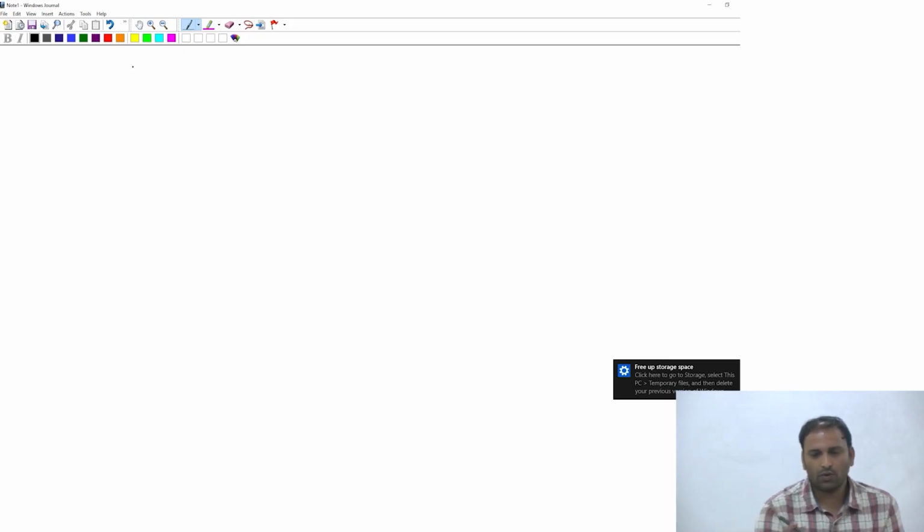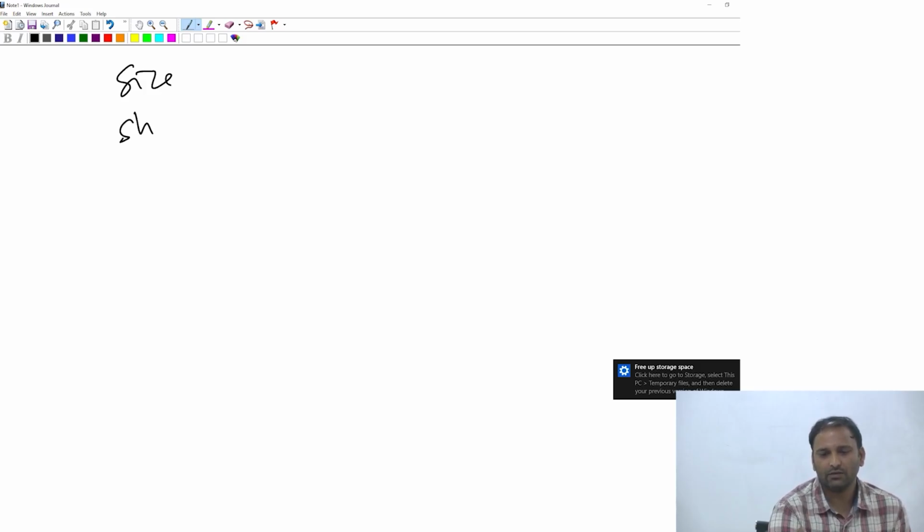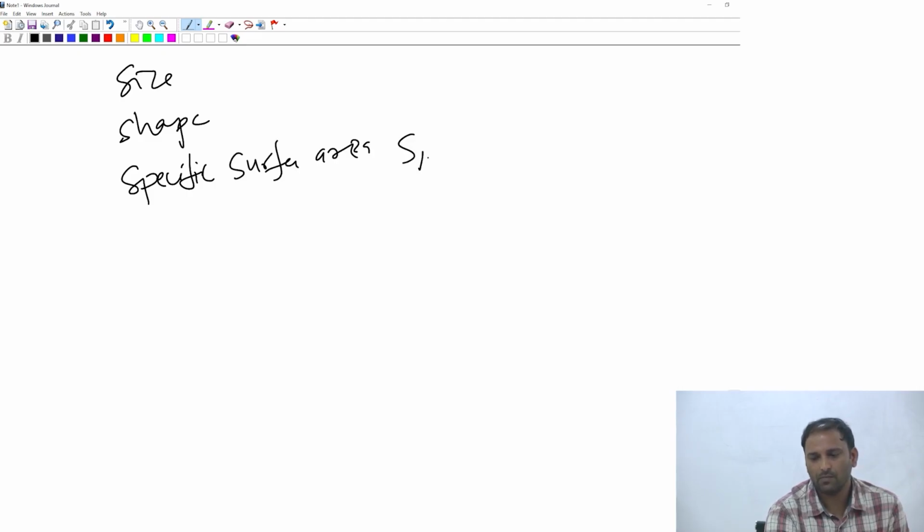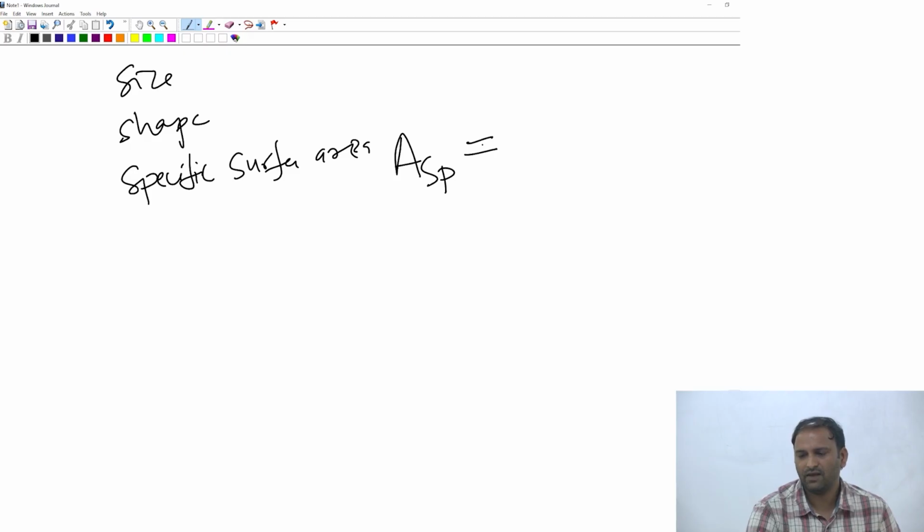Okay, now we also said the size is important, and we also said shape is important. We have discussed some aspects of shape. What about specific surface area? It's typically denoted by ASP, specific surface area.